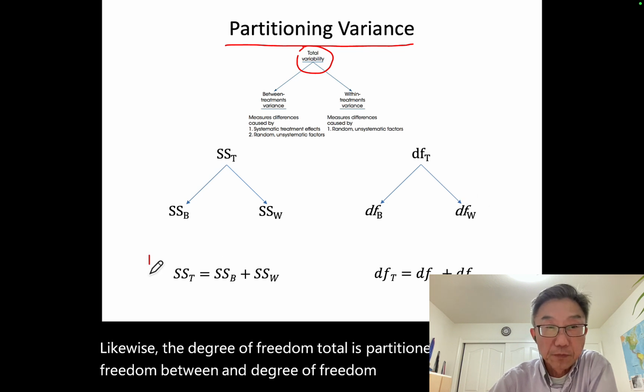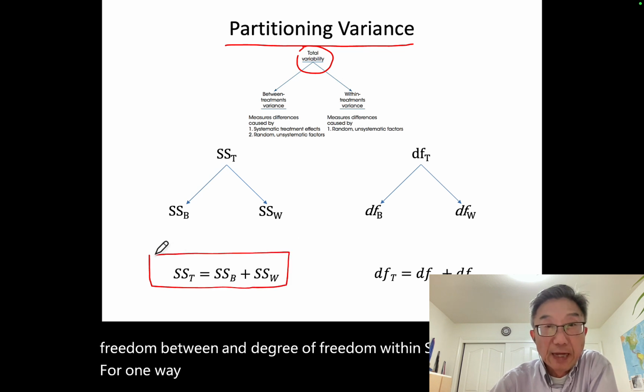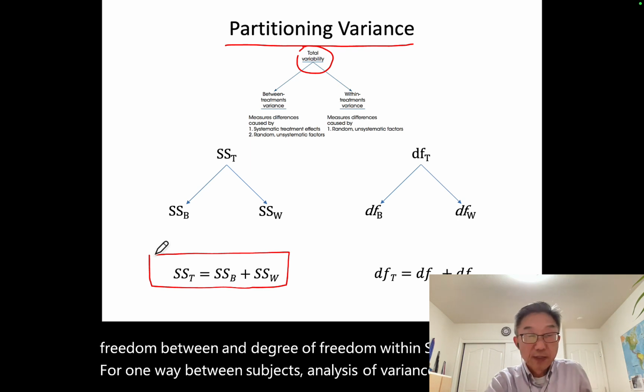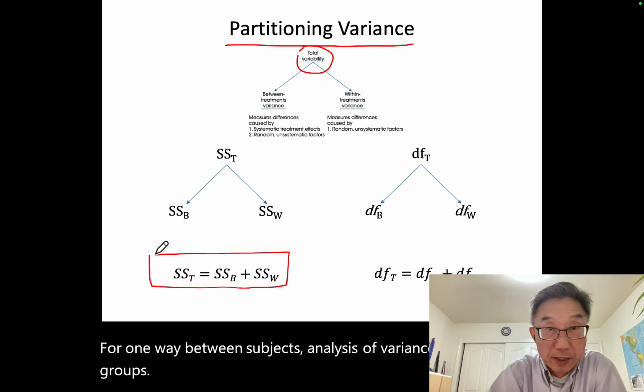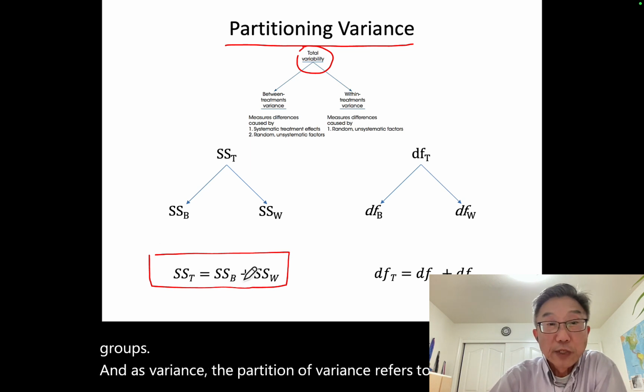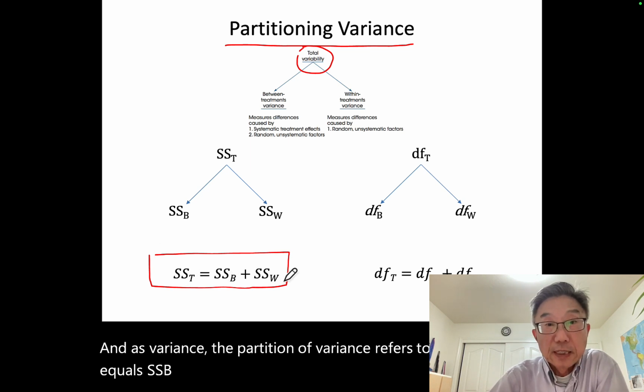So, for one-way between subjects analysis of variance, the partition of variance refers to the fact that SST equals SSB plus SSW.